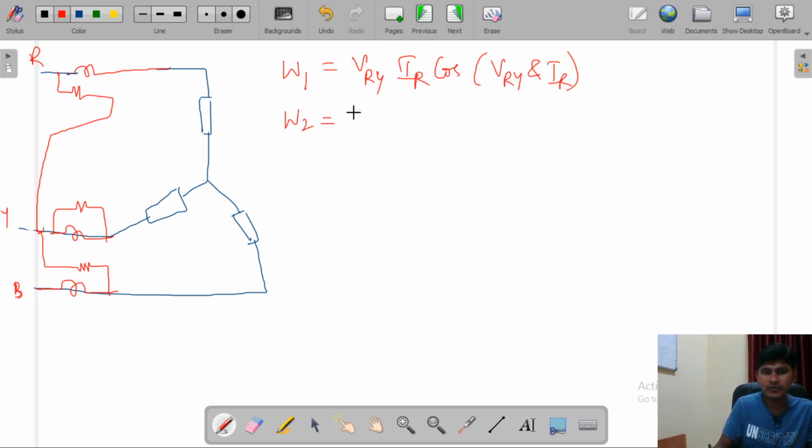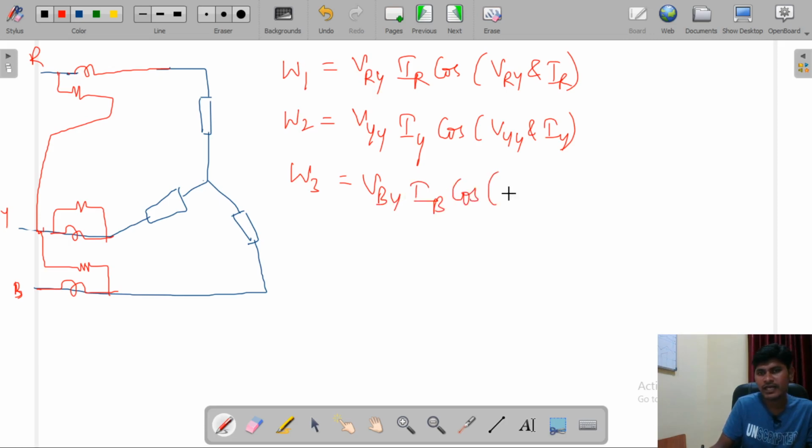W2 is equal to VYY IY cos of angle between VYY and IY. W3 will be VBY IB cos of angle between VBY and IB.